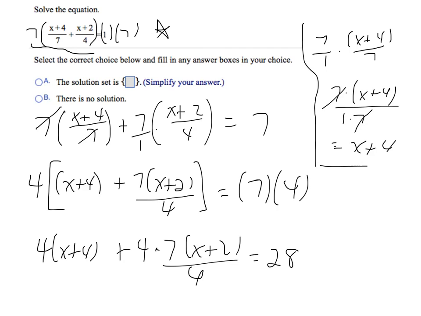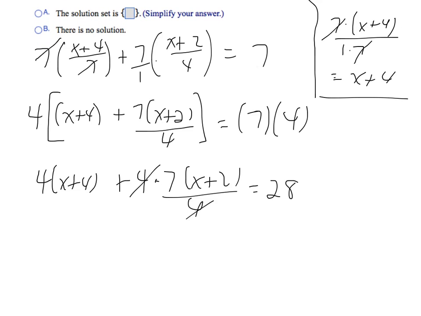So just like before, when I multiply 4 times a fraction that has a 4 in the denominator, that's going to cancel out. And so what I have at that point, let's move this down, is 4 times x plus 4, that's still left over from up there, plus 7 times x plus 2 equals 28.